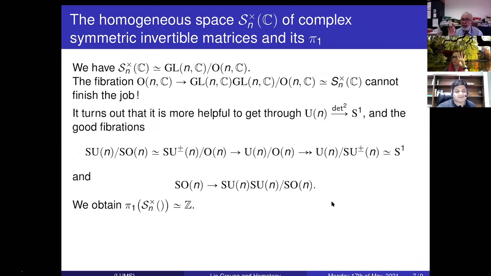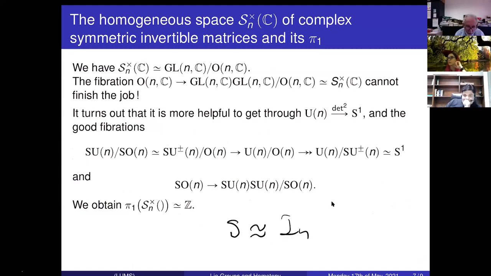If we take the space of complex symmetric invertible matrices, this is a surprising space. Why are we looking at it? It is not difficult to see that a complex symmetric matrix is congruent to the identity.